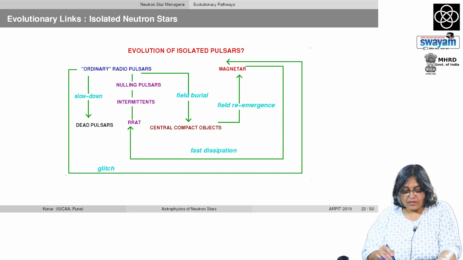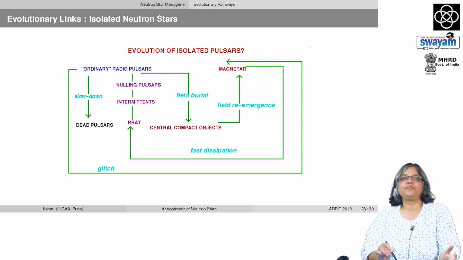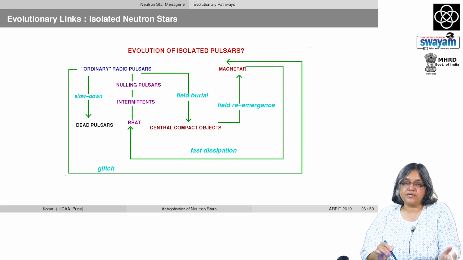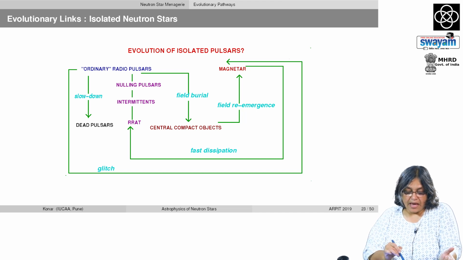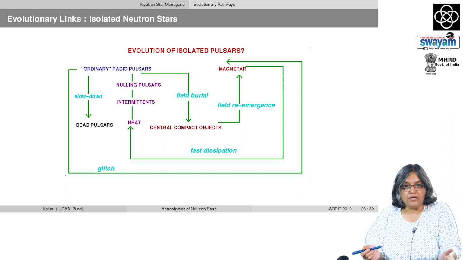Then we have this very interesting class of neutron stars, the magnetars, and a lot of effort in recent time is going into understanding the physics of magnetars, the nature of their magnetic field and the nature of the evolution of that magnetic field. There is some suggestion that magnetars can have field decay and they may emerge as RRATs or strong field radio pulsars.